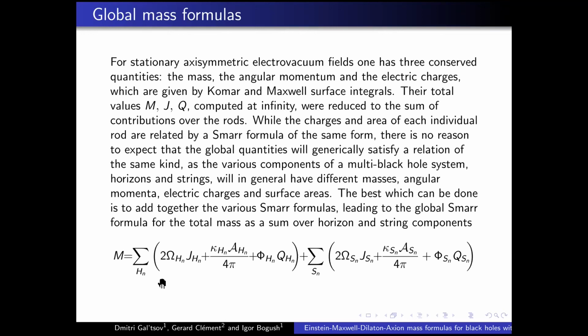But we can write that the total mass will be equal to the contribution of rod masses for horizons, if there are many black holes, and the strings, in the same form: area of the horizon multiplied by the surface gravity, and for strings multiplied by the special surface gravity.